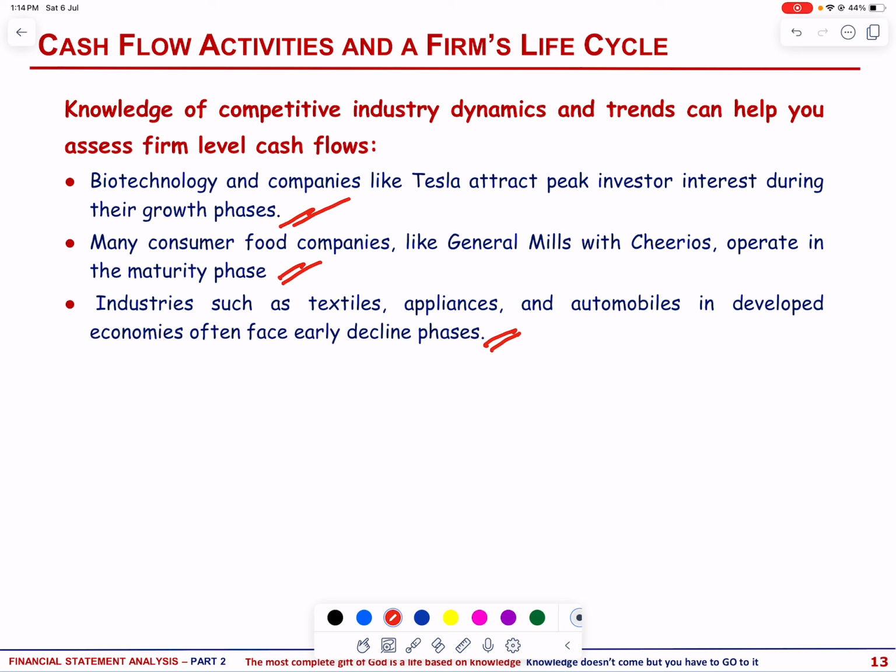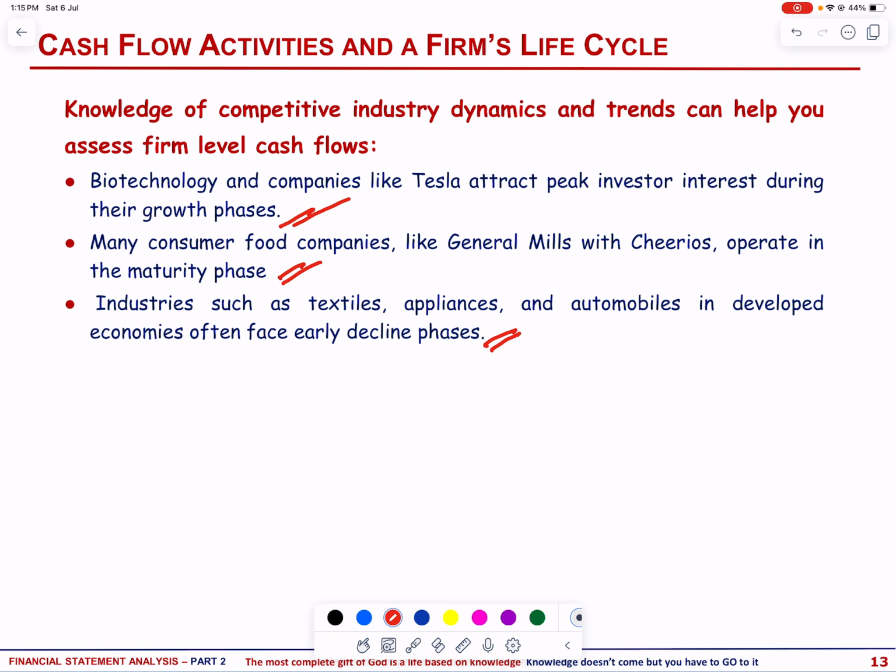Others diversify geographically to benefit from foreign production, prolonging their maturity phase for product portfolios. So, understanding these industry dynamics helps evaluate how firms manage their cash flows, plan for growth or stabilization, and navigate through different phases of their product life cycles.